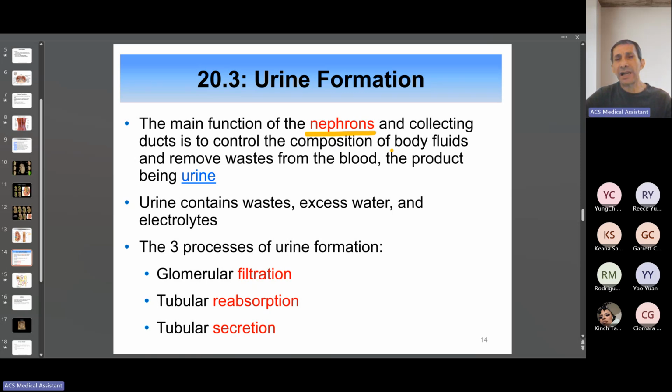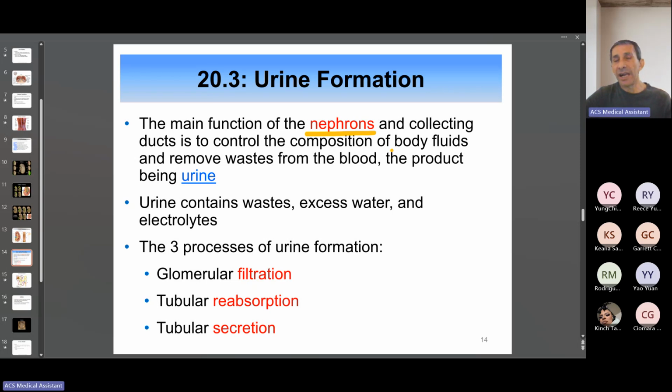So these nephrons have different structures. We're going to see them. All these structures, we're going to describe them, and we're going to talk about what happens in each one of these structures and how all three processes of urine formation are taking place in this tiny microscopic cell that makes up the kidneys.